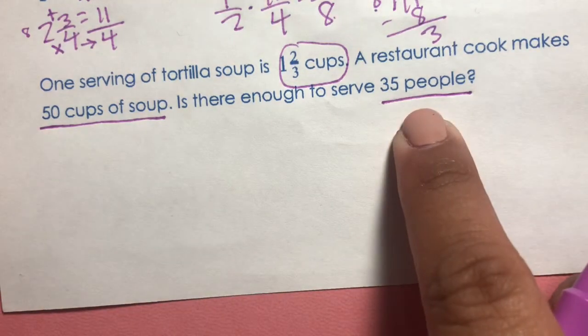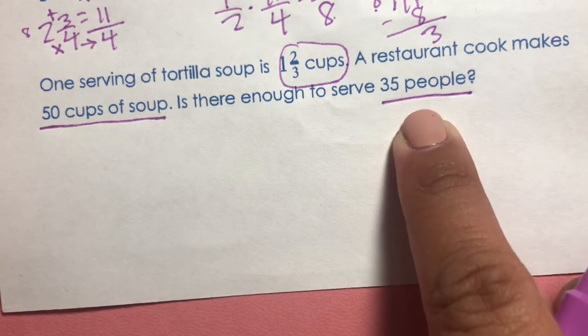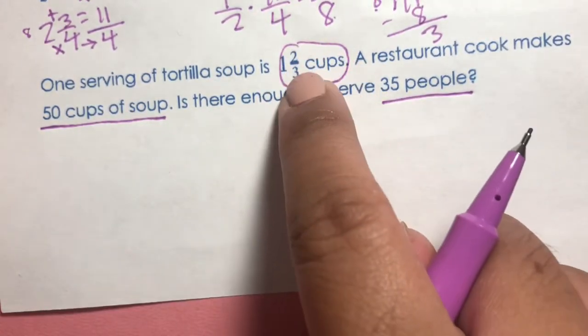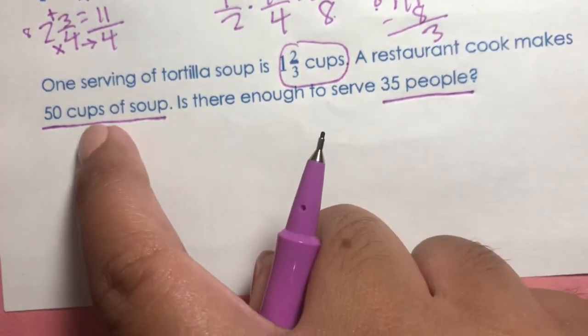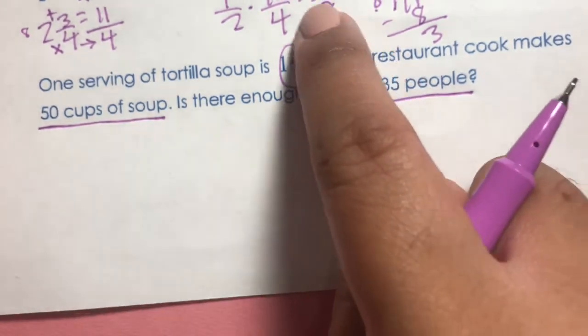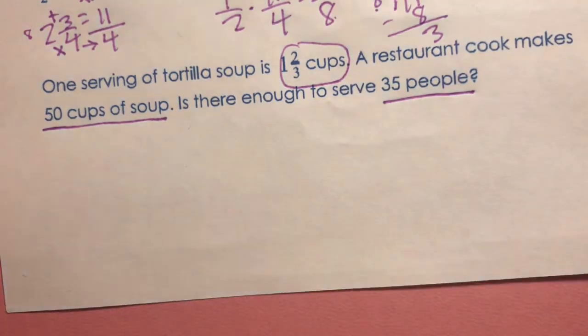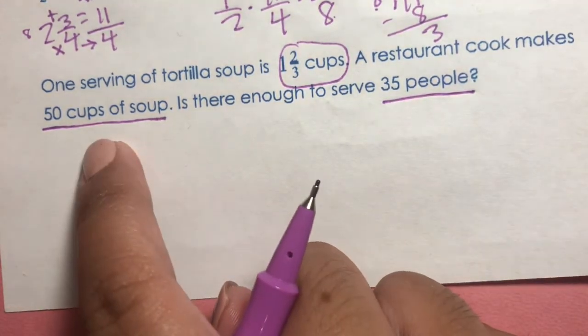So we need to divide 50 cups by 1 2/3 cups. If we divide these, we'll figure out how many servings we can yield from 50 cups of soup.